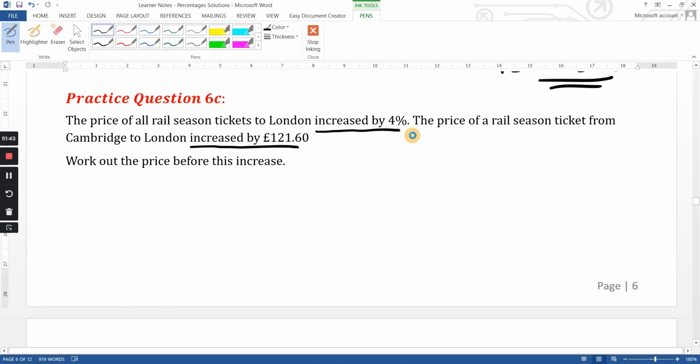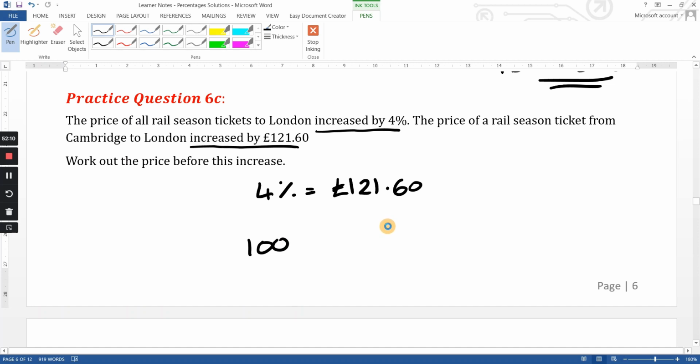It's just 4%. This is the increase. £121.60, that's the increase. 4%, that is the increase. So they're talking about the same thing. So we know that 4% is equal to £121.60. We want 100%.